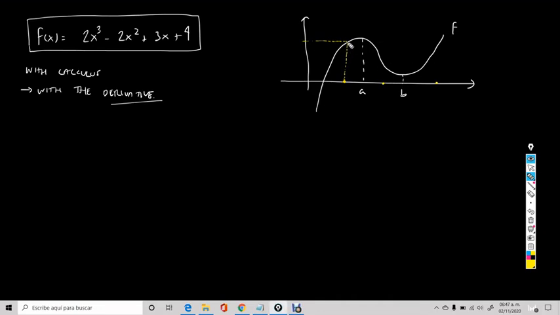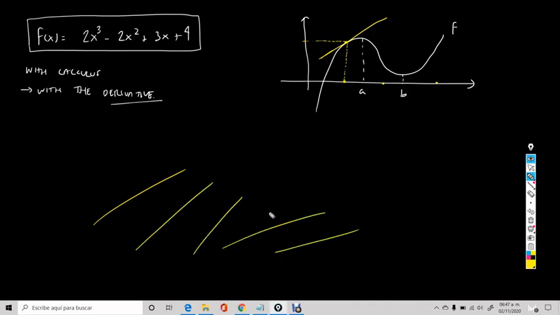you will see that the tangent has a positive slope. Remember that lines that look like this, all of these have positive slopes, and lines that are tilted in this direction have negative slopes. I hope you remember this. And I'm taking as reference, of course, the normal Cartesian plane.